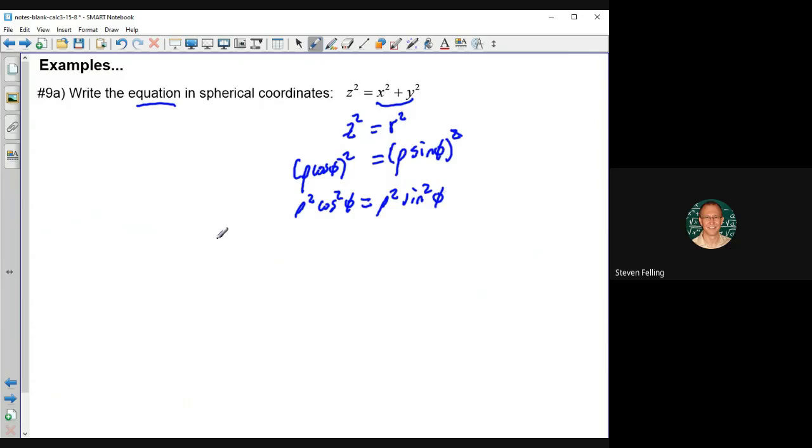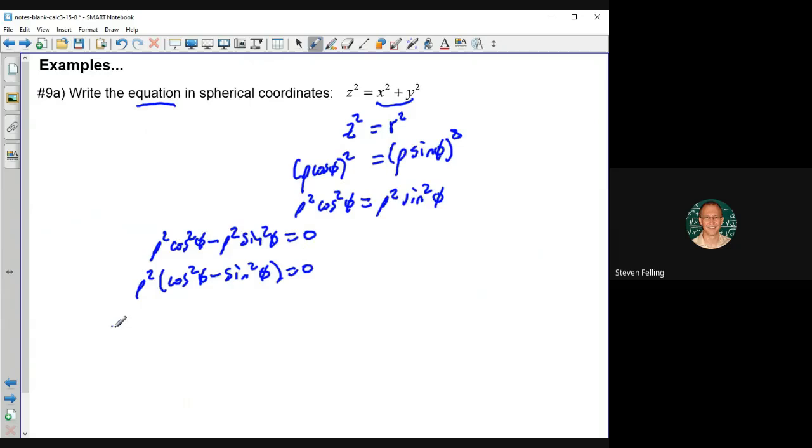So that means either rho has to be 0, or actually, let me show one more step here. If I were to get everything on one side, rho squared cosine squared phi minus rho squared sine squared phi, I don't want to remove any information, so I won't cancel things out. But if you were to factor out a rho squared, then there's actually two possibilities.